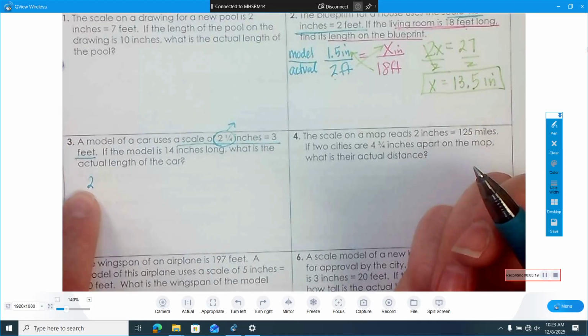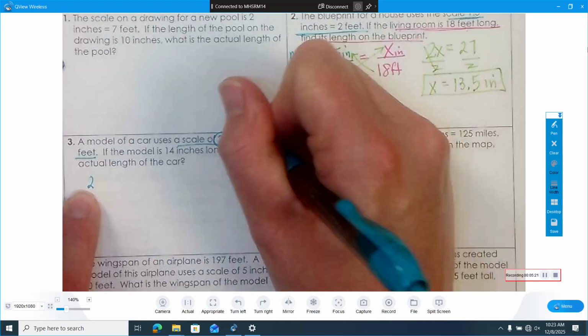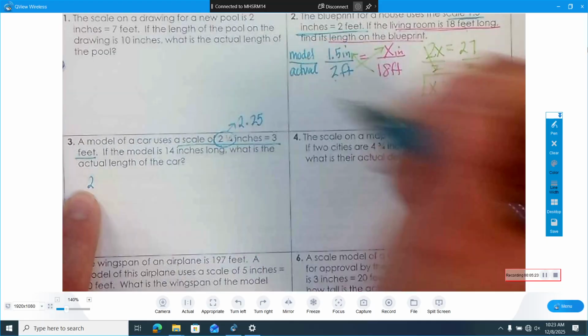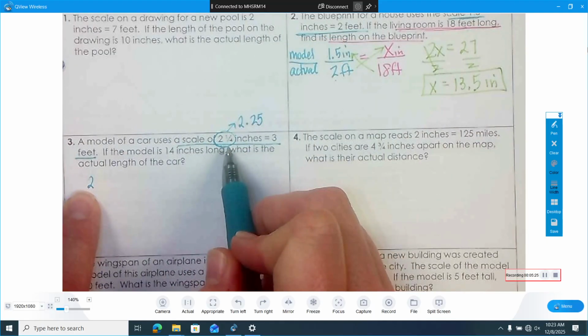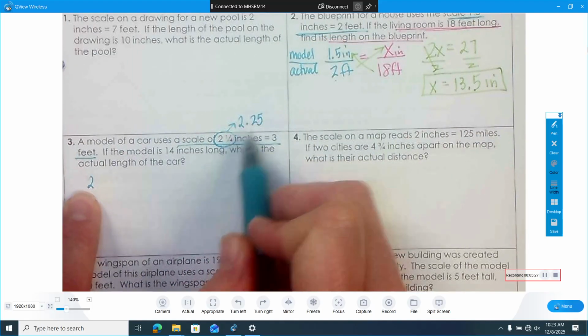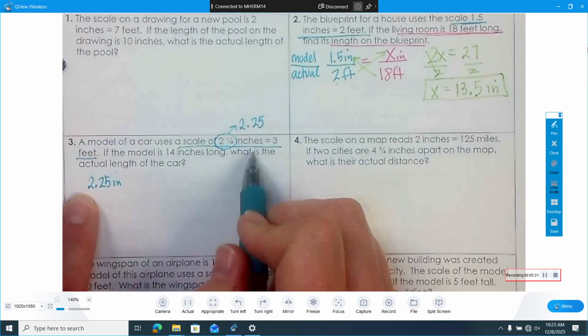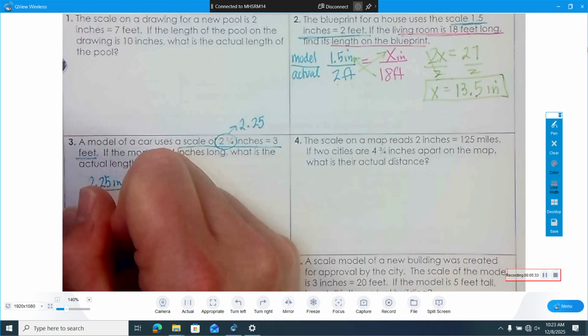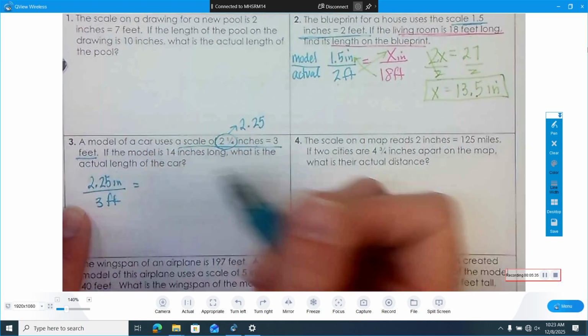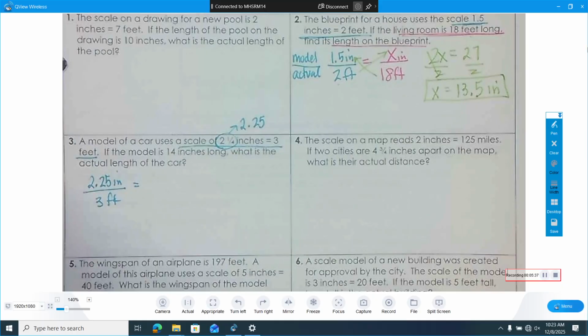Yeah. What is that decimal? 2.25. Very good. 2.25. A quarter, 1/4. How many cents is a quarter? 25 cents. Okay, so 2.25 inches equals 3 feet. So that's my scale. 2.25 inches is the same as 3 feet on this little model car that we've got.